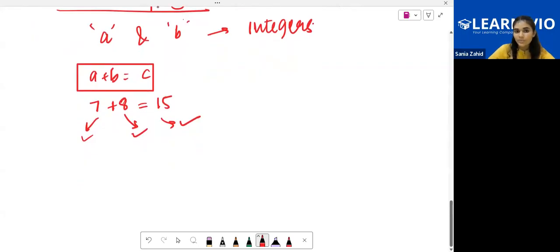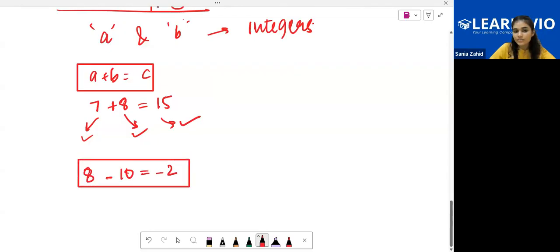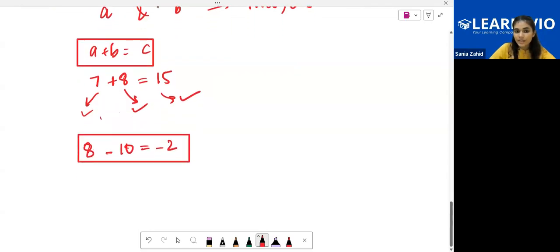That is only the closure property. Let's talk about subtraction. I have, for example, 8 and I subtract from it 10. What will I get? I will get -2. See, 8 is an integer, -10 is also an integer and -2 is also an integer. So all of these are again integers. Even on subtracting 2 numbers, I'm getting integers only.